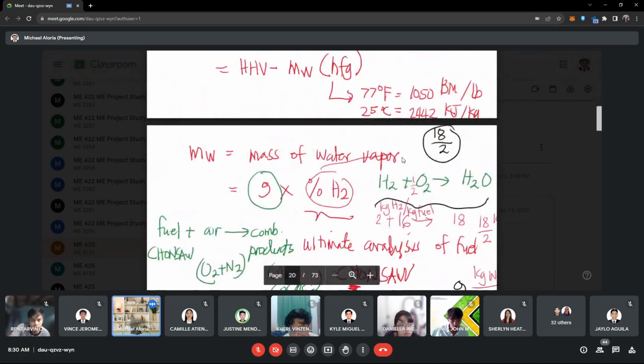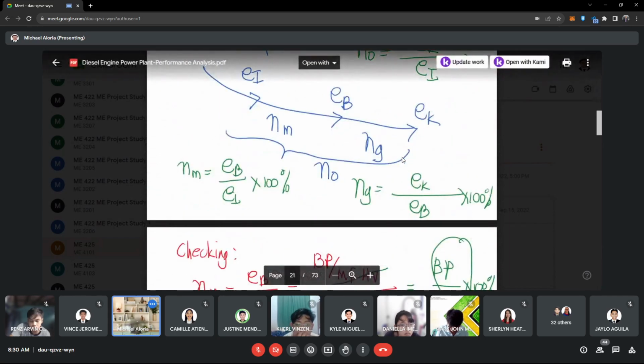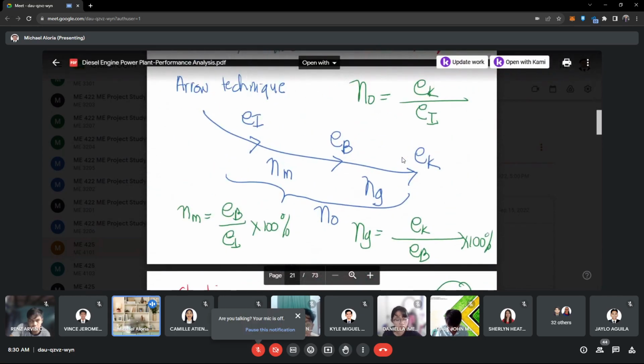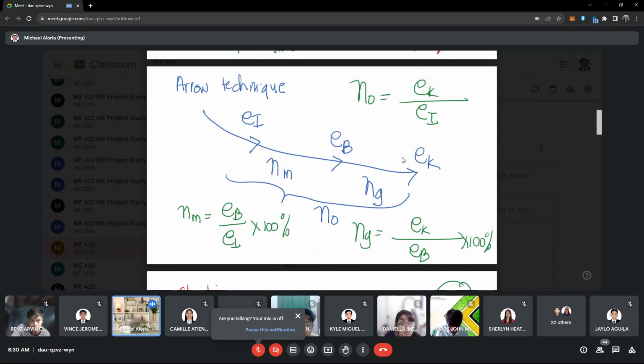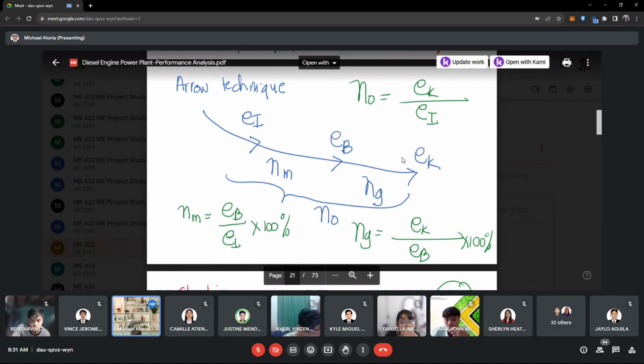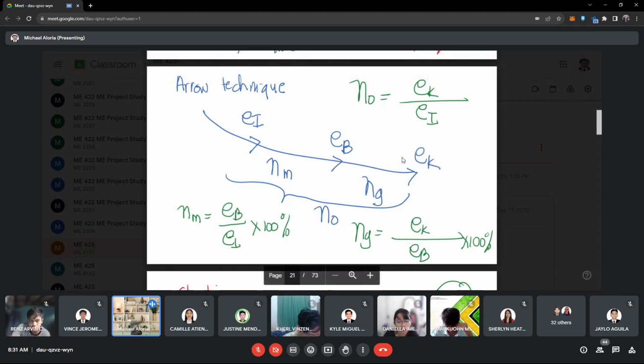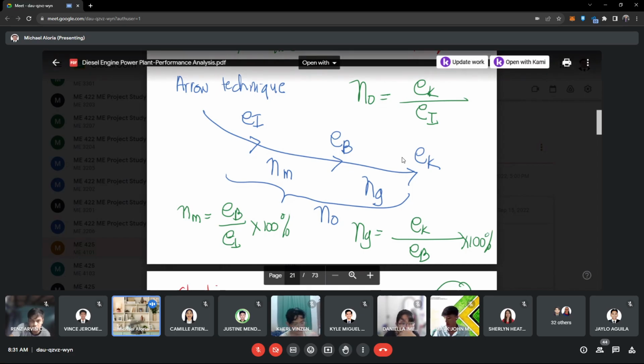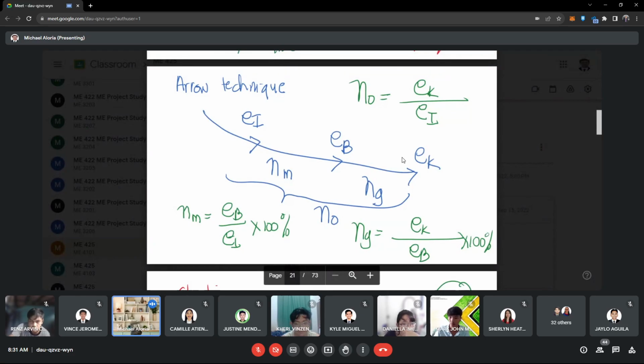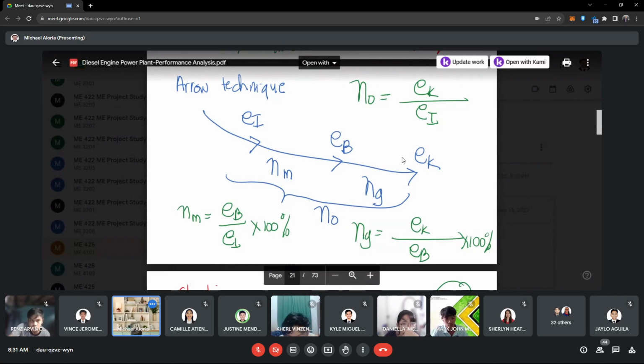So if this is your EI, this is your brake thermal efficiency and this is your combined thermal efficiency. We can measure your mechanical efficiency as output over input, so EB over EI. Then generator efficiency is output over input, EK over EB. The overall efficiency is EK over EI.